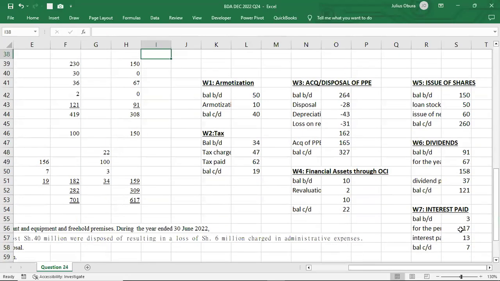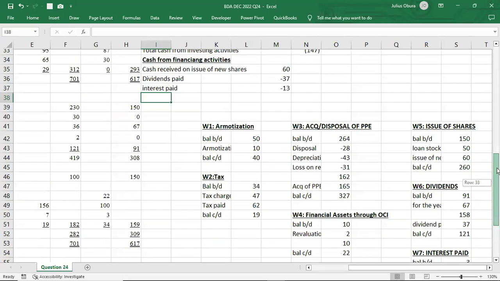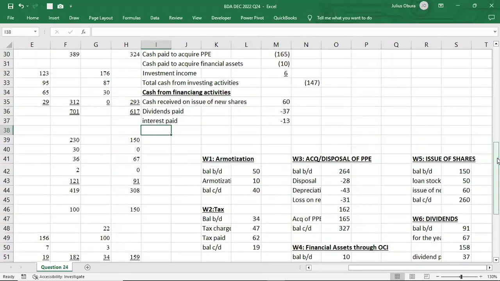No examiner will punish you for classifying interest under financing or under operations. So we'll have it here as 13.